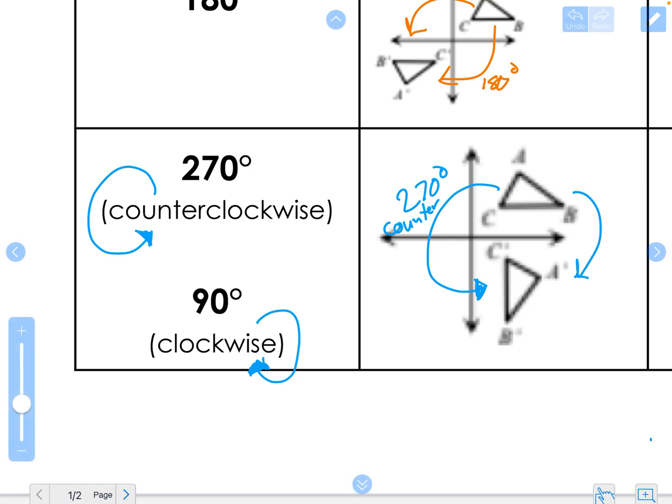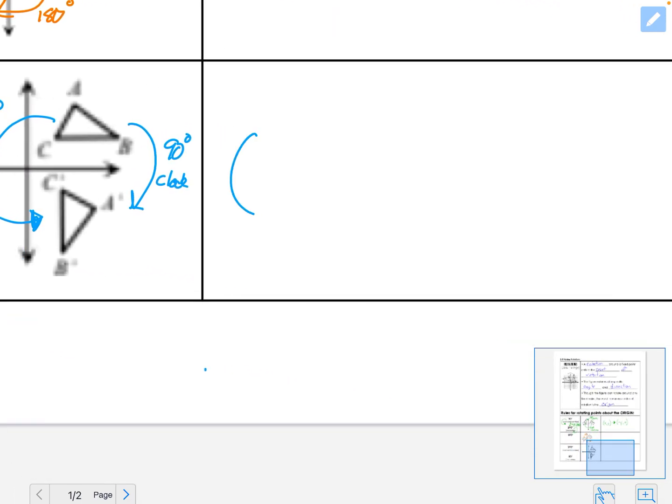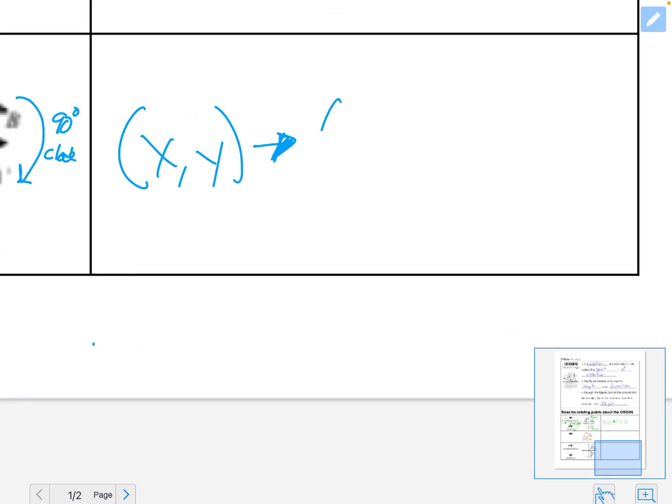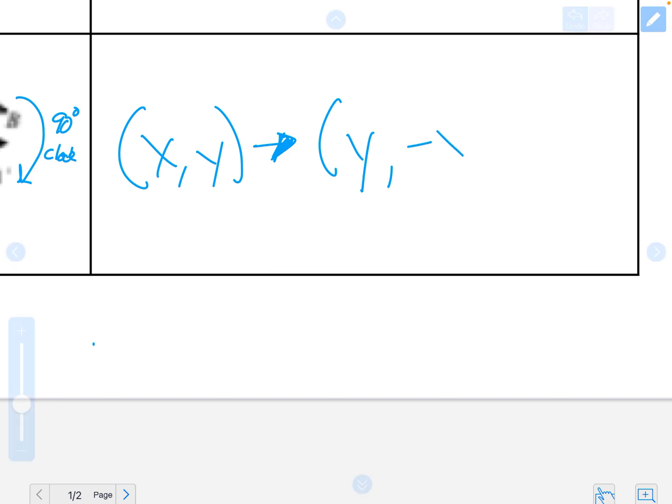Whereas this right here would be 90 degrees clockwise. And so our rule for this is if our pre-image point is x comma y, and then we transform it with one of these 2 rotations, it's going to be y comma negative x.